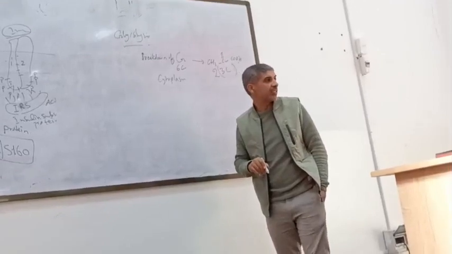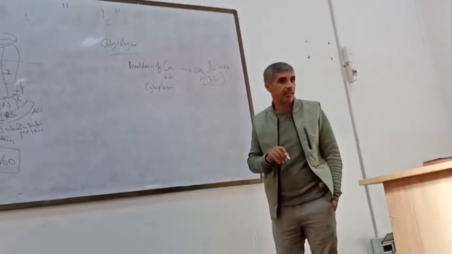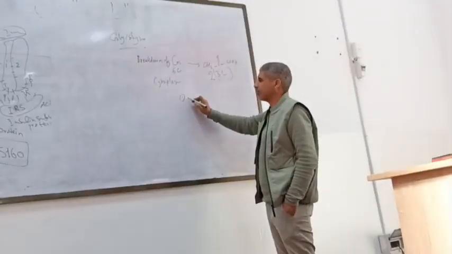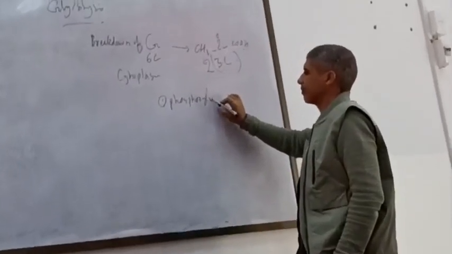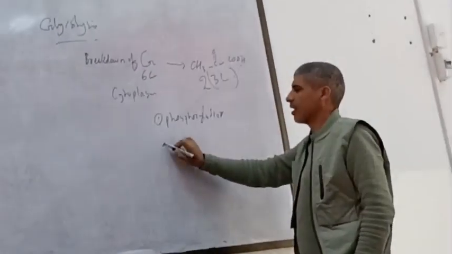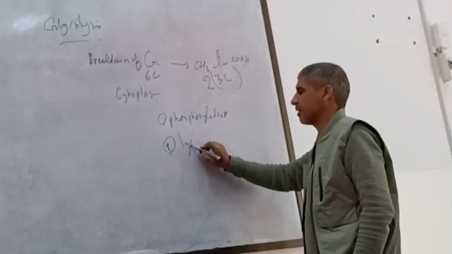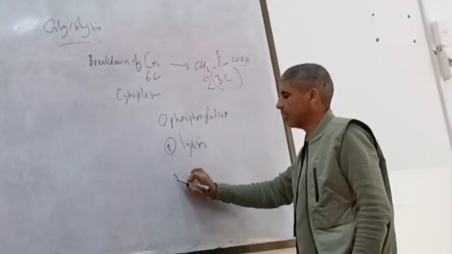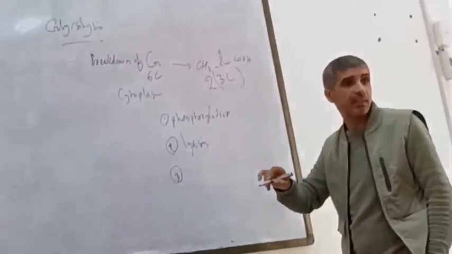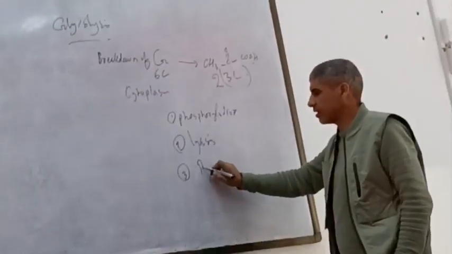There are 3 phases in glycolysis. Number 1, phosphorylation. Number 2, lysis. Number 3, oxidation-reduction reaction, a redox reaction.